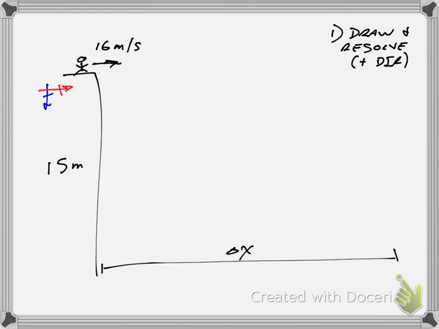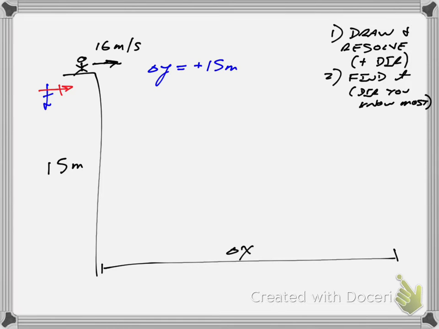Then I'm going to label all the given information because we're going to find time from the direction we know the most about. If I look at what I know here, the change in y is going to be 15 meters down, and I'm calling down positive, so that's a positive number.